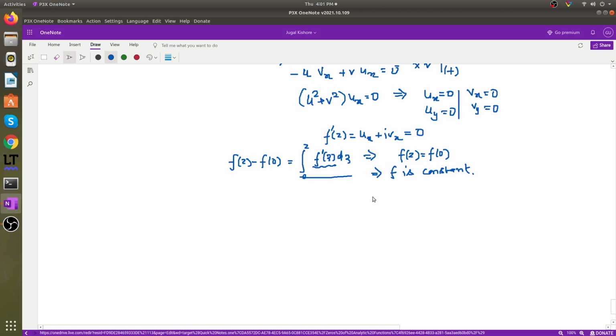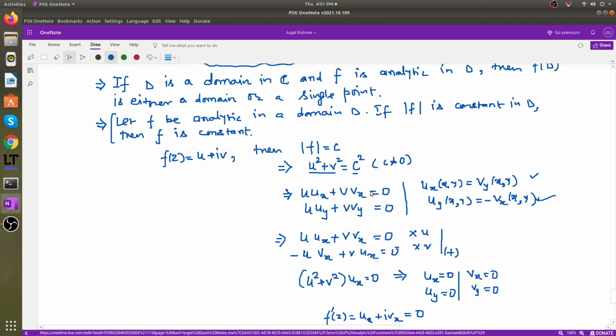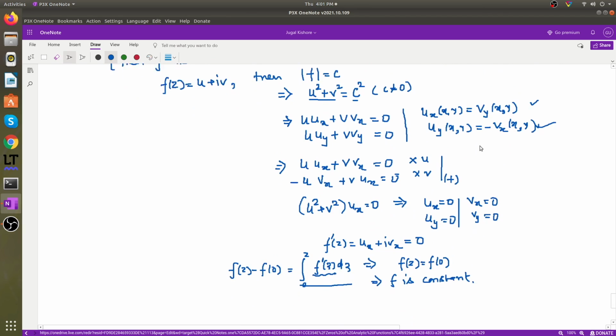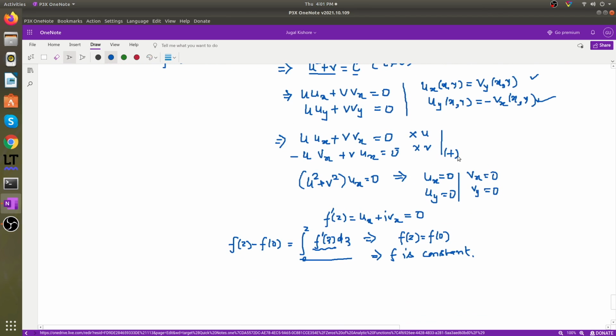So we can have the solutions of these problems by using the Cauchy-Riemann equations, but we can see that it involves a few calculations.